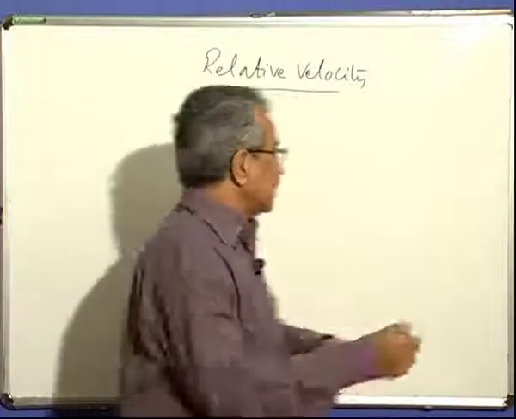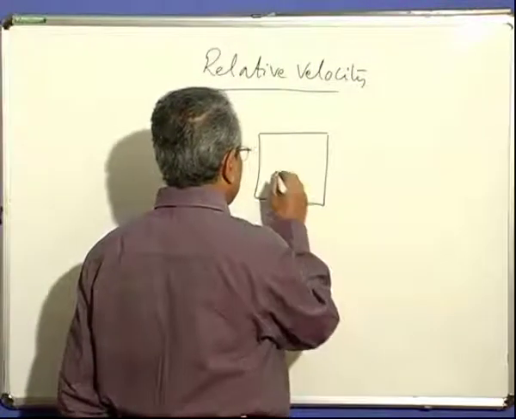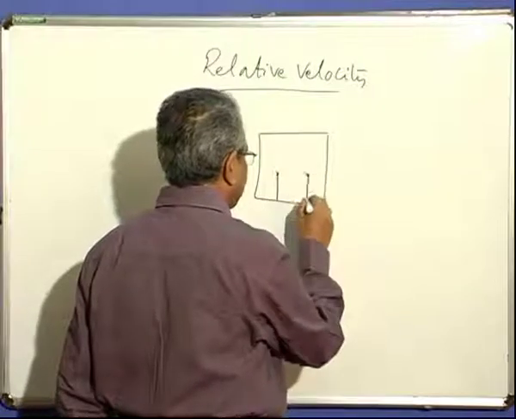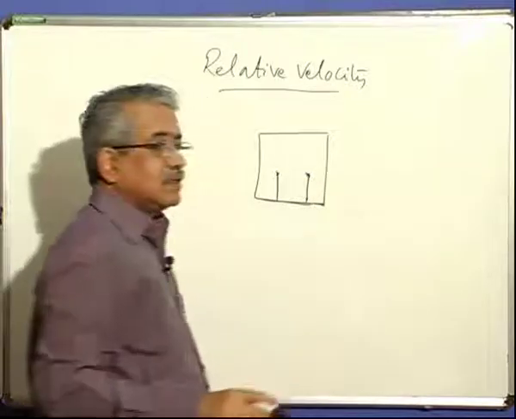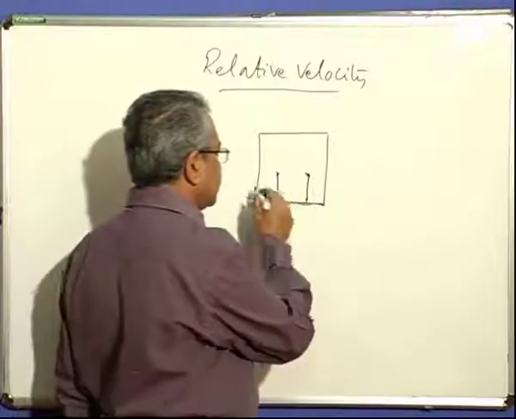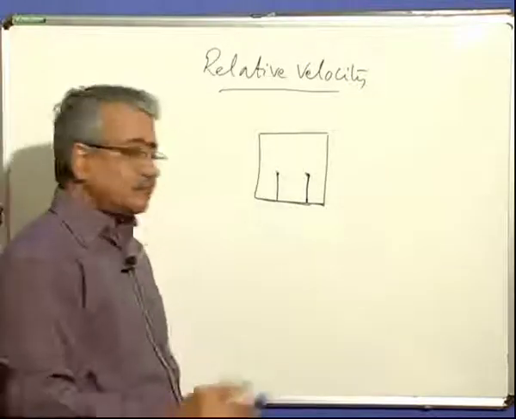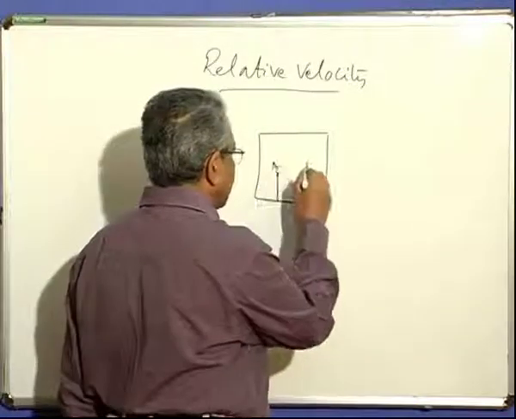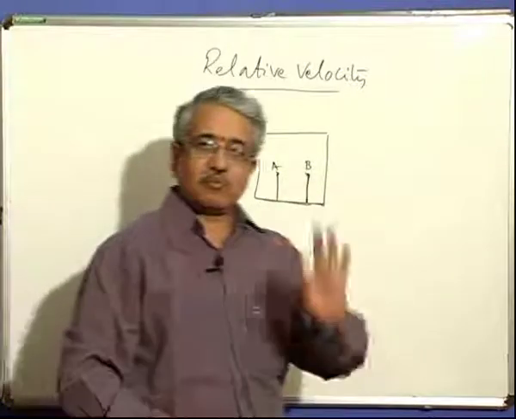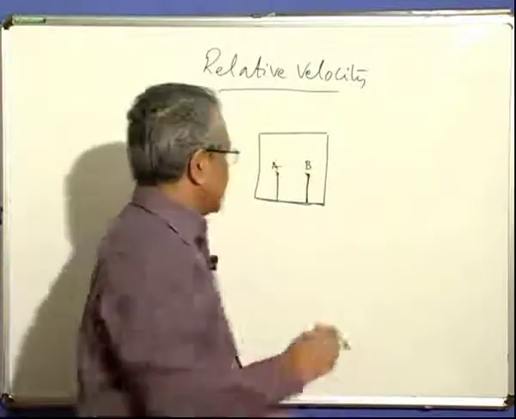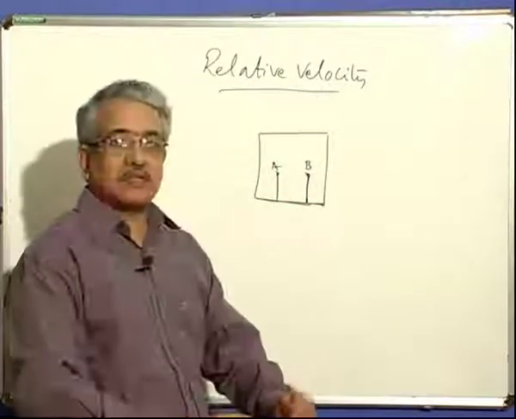For example, I show the same thing in the figure here. Suppose there is a man here, there is a man here, and this compartment is there. Whether this compartment is moving or at rest with respect to the surroundings outside, if A and B are in these positions, and with respect to each other they are at the same position always, then A says B is not moving, B says A is not moving.